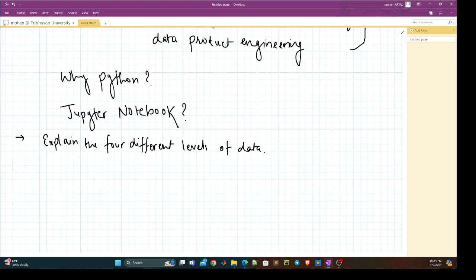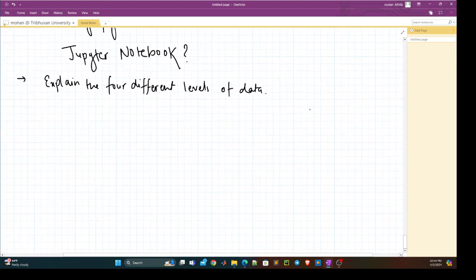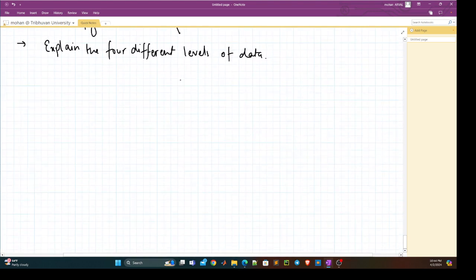We will see about the types of variable, and first of all we are going to see about the types of variable.